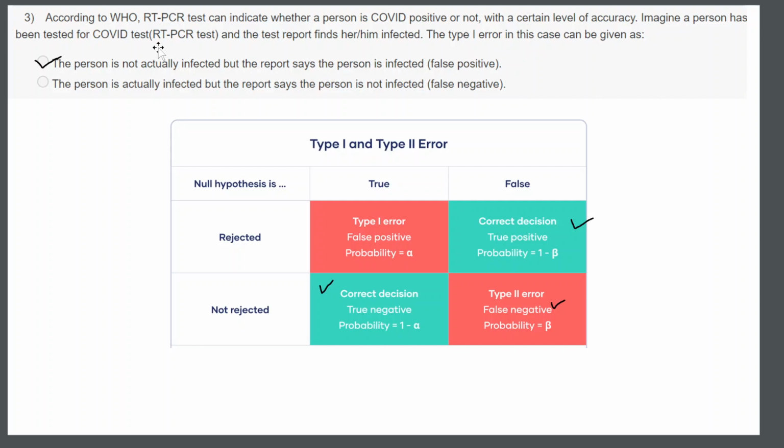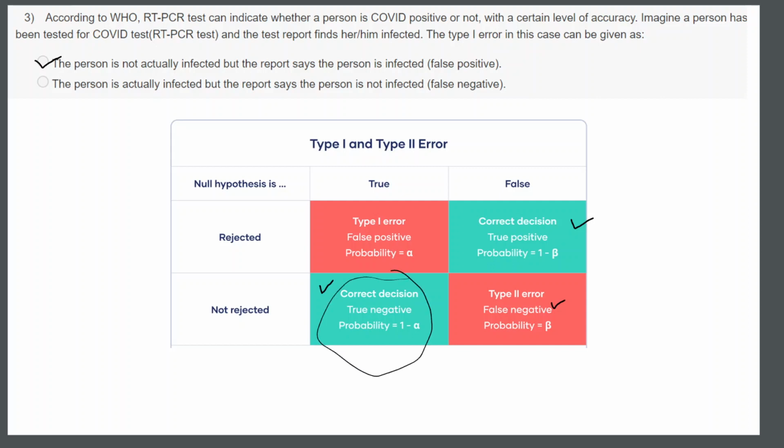Okay, there are two possibilities here. The person is not actually infected, but the report says the person is infected. That is a false positive. And there are four possibilities in total. One is that the person is actually infected and the null hypothesis is not rejected, which is a correct decision.